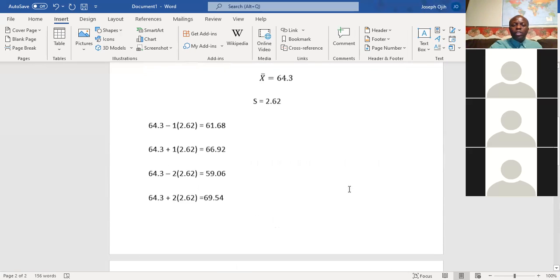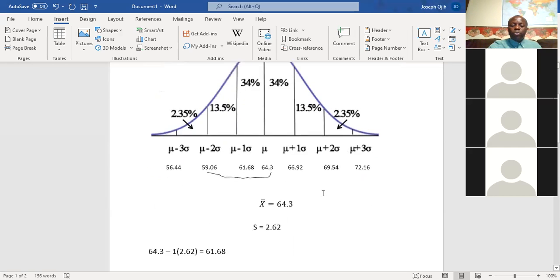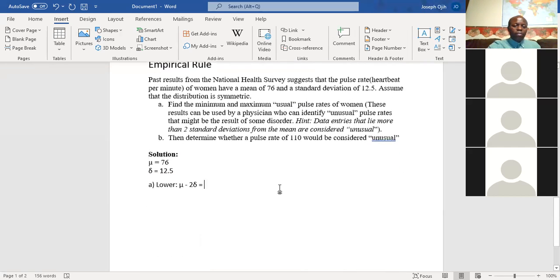So anything that lies within the 2 standard deviations, from here to here, is usual. That's why we are using this for the lower side, and this for the upper pulse rate. So we have 76 minus 2 times the standard deviation of 12.5.